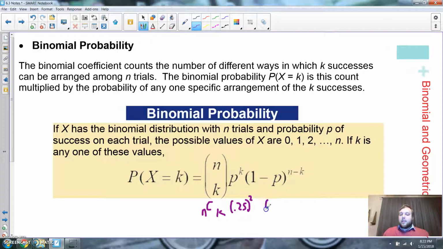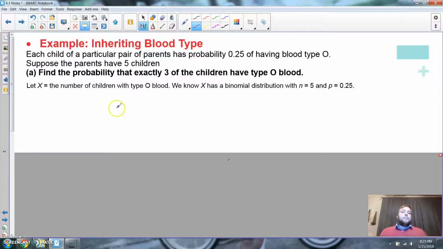And how many failures did we want? Failure is 75%, and that's what the 1 minus p means, the inverse. If there are 2 successes, how many must be failures? 3. So this is just shorthand of how it works. If you want to write it all out in a long line, go for it.